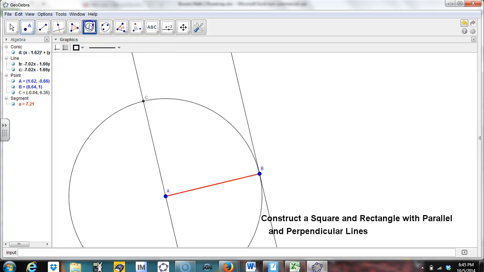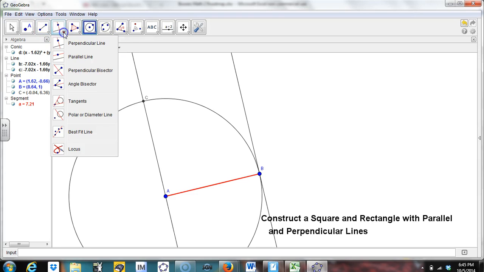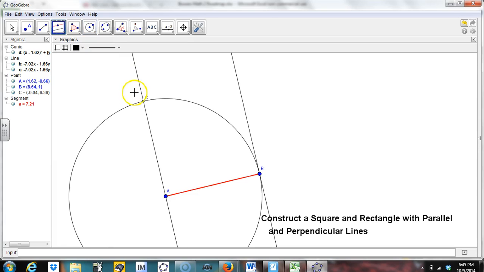Now, in my construction toolbox, I am going to grab my parallel line tool and click on the segment I want to be parallel to. Just like the perpendicular line, it's waiting for me to put this line through a point, which will be point C. So I'm going to click on point C.